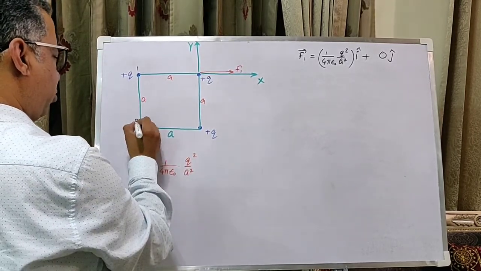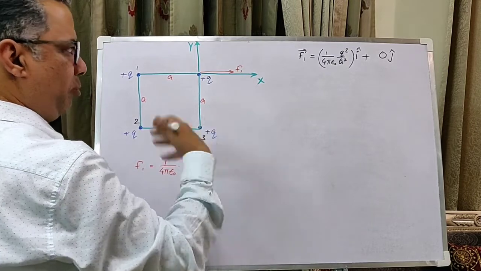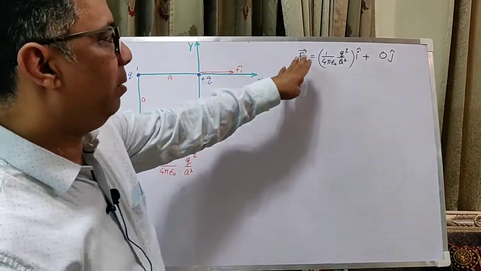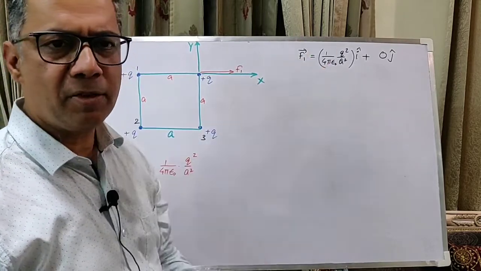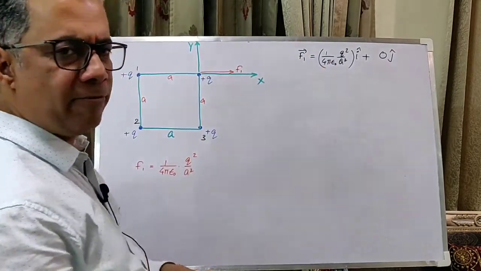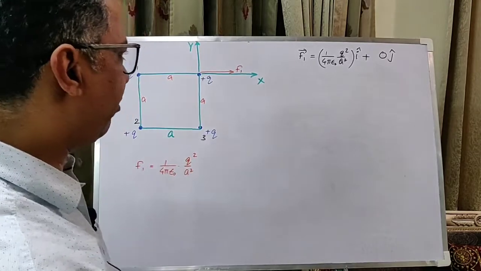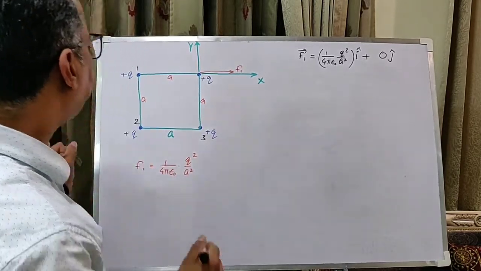Now due to charges 2 and 3, we have two more forces. So we'll have three different forces, and we'll do a vector summation of those to arrive at the final answer.